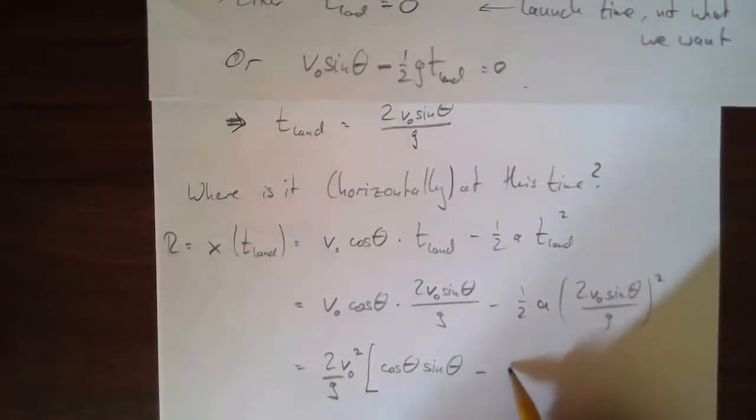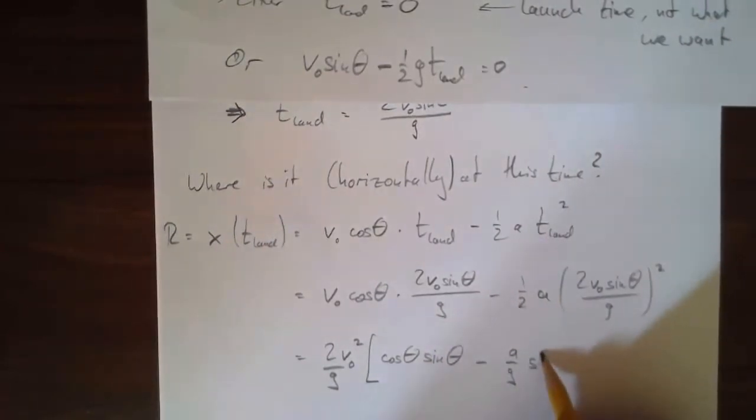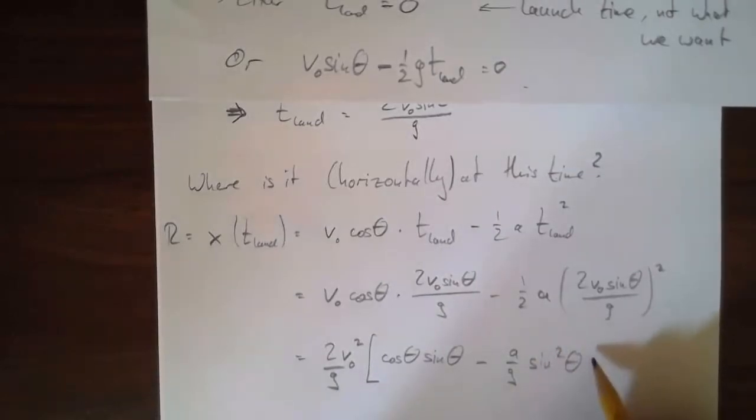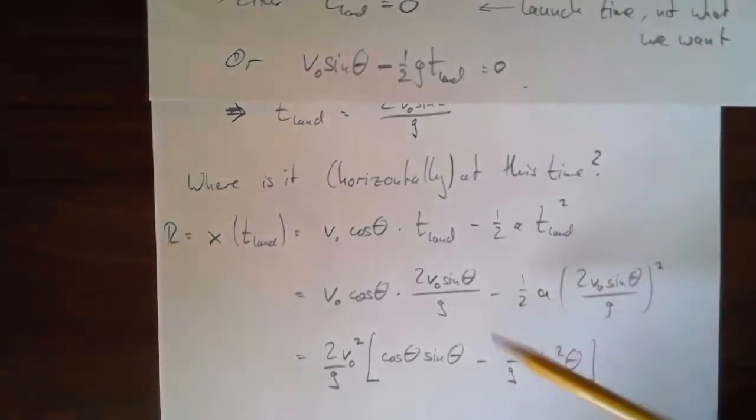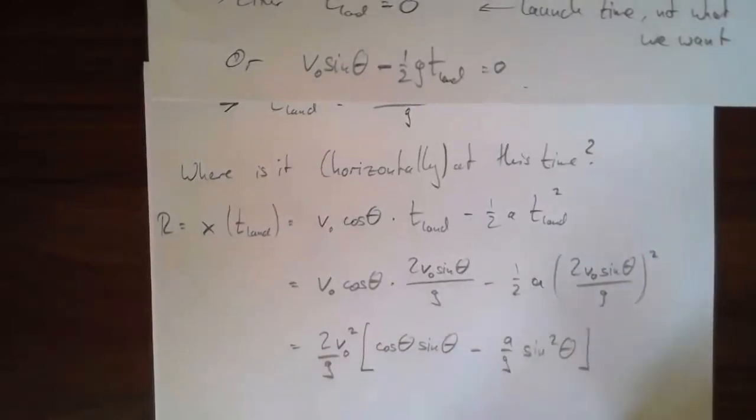Then I have a over g, because the g got squared, so I've put 1g here, one is staying here, a over g, sine squared theta. You want to double check, of course, that I did this correctly, but I'm pretty sure I have. So that's my expression for the range.